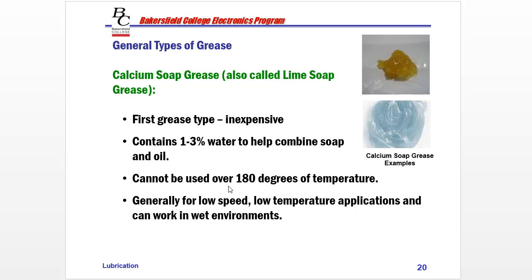It's a low temperature grease, so it can't be used over 180 degrees, and this is in Fahrenheit. So it's generally used for low speed, low temperature applications, and it works well in wet environments. So it's important that it's a grease that can't be broken down with water. And here are some examples that can come in some different colors.